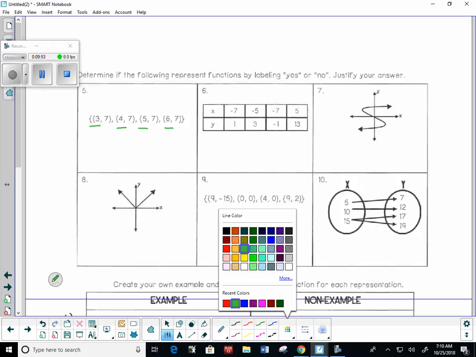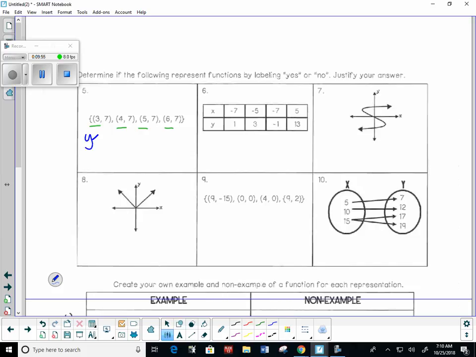Yes, it's a function because each input has only one output.